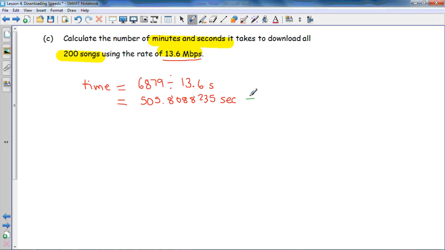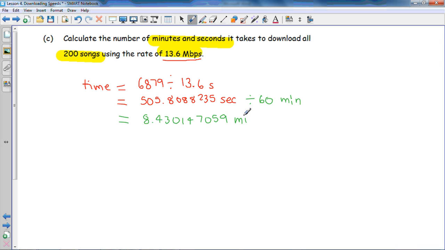There are 60 seconds in a minute, so I'm going to divide by 60 to get to how many minutes. I'm going to do that, divide by 60, and to get 8.430147059 minutes.